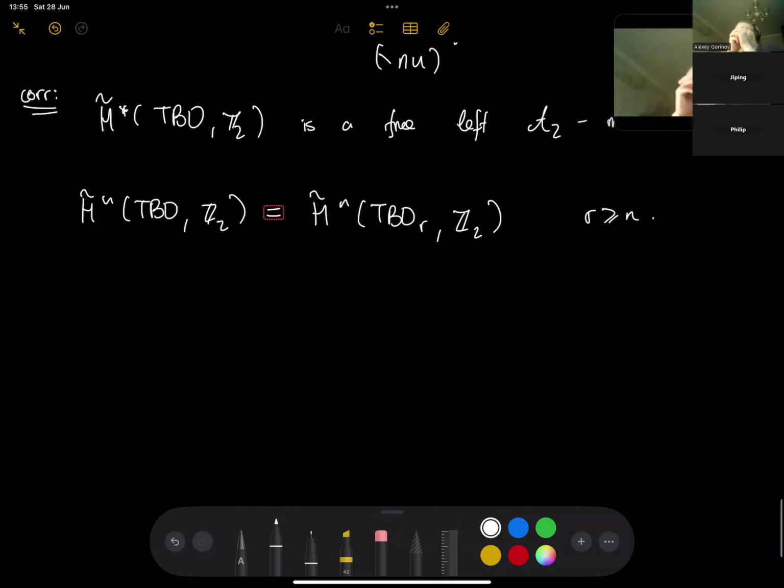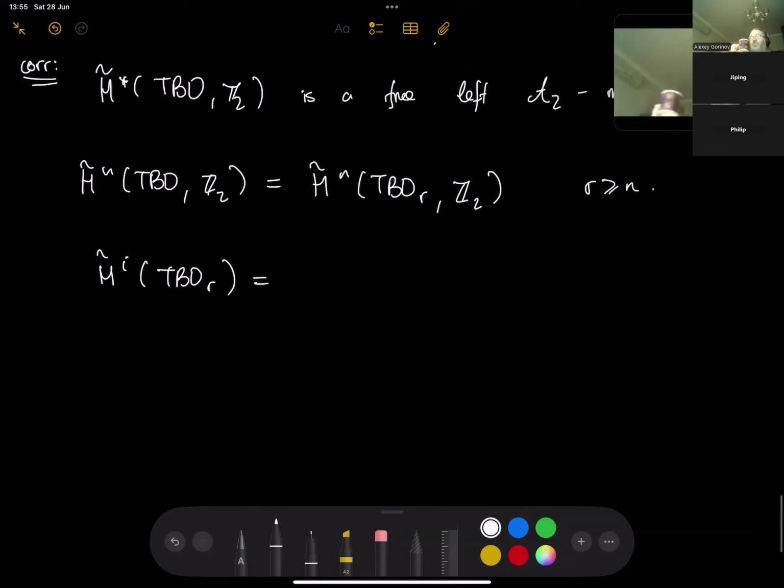So in other words, H^i of BO_r, I'm going to drop the Z2 coefficients, is a free left A2 module for i less than 2r and r.